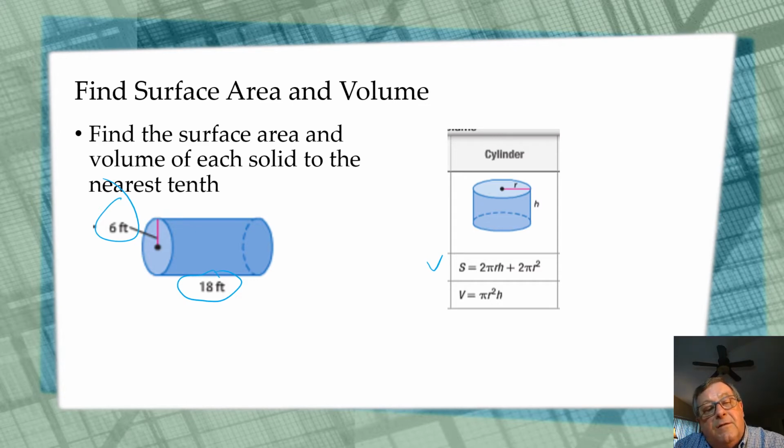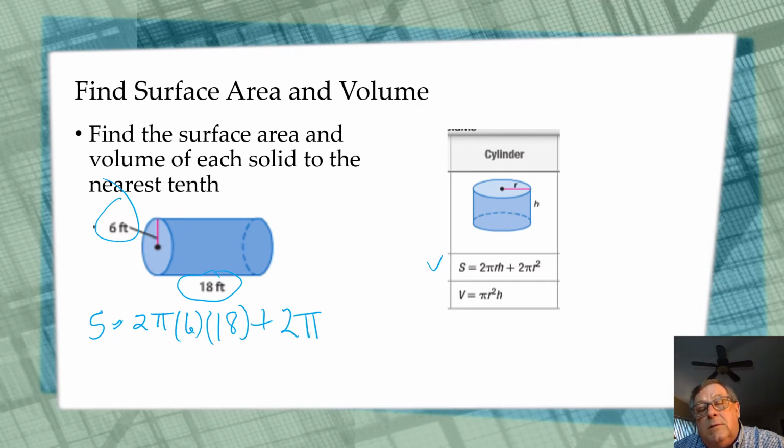So let's see then, to find the surface area, we'd have S equals 2 pi times the radius, which is 6, times the height, which is 18, plus 2 pi times the radius, 6 squared.